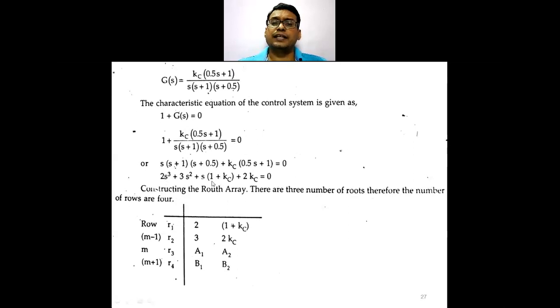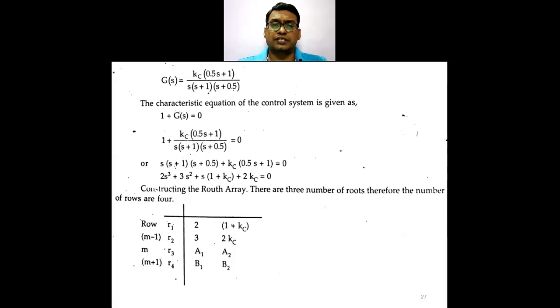After simplification, you will get this as your characteristic equation. Now constructing the Routh array, A1 is 2, A3 is 1 plus Kc. They are in the first row. Then the second row, all even coefficients, 3 and 2 Kc.